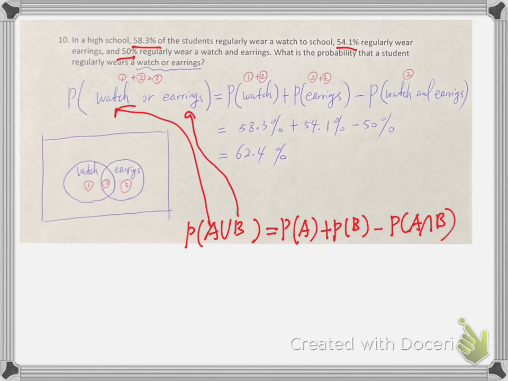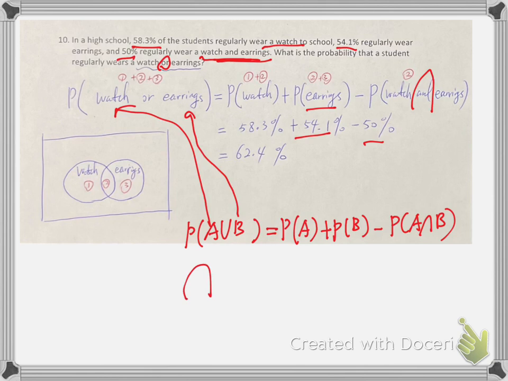Then you read: what's 58.3%? That's the watch. 54.1% is earring. And the last one, 50%, they wear both, that's the intersection. And always means intersection. Now they want to find or.